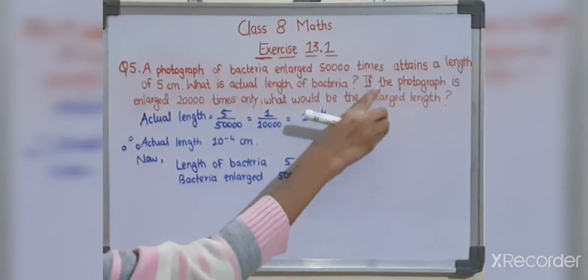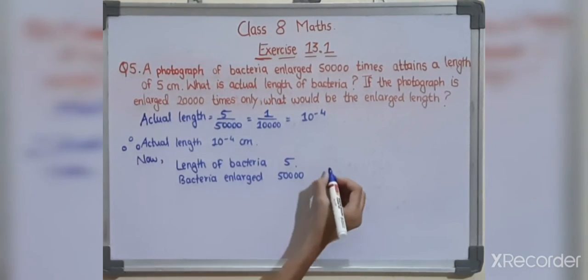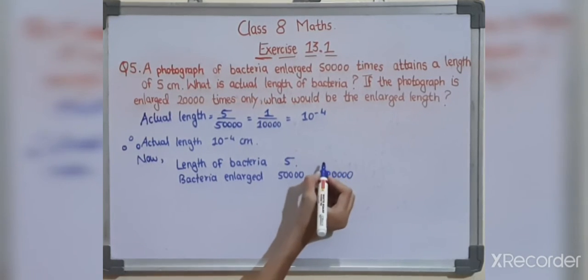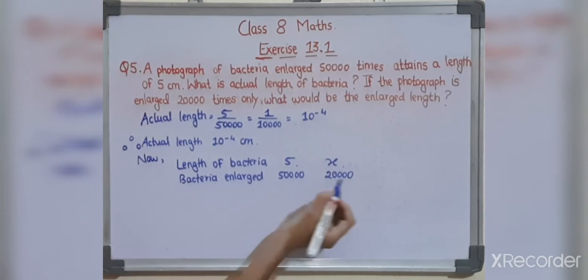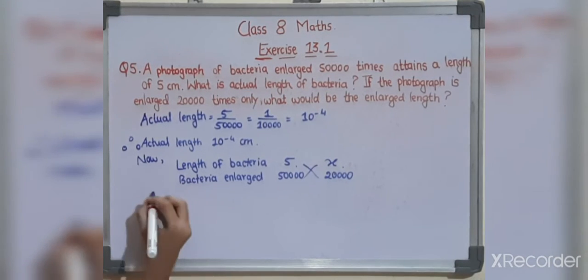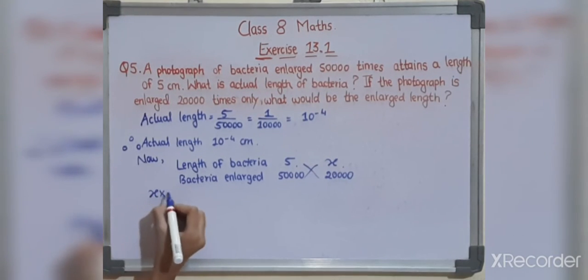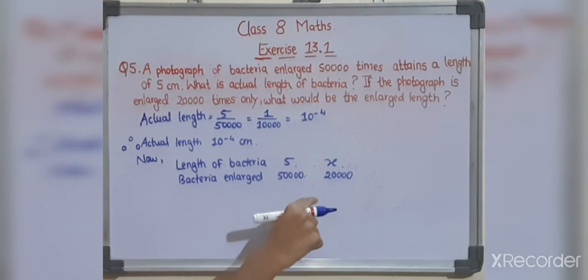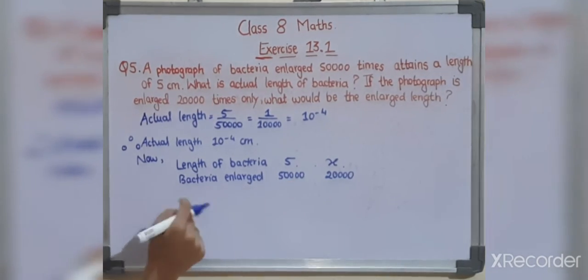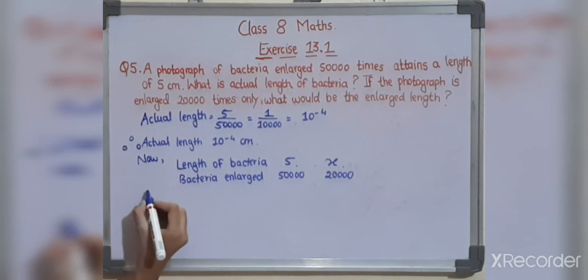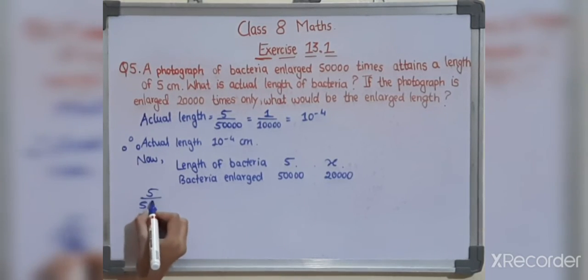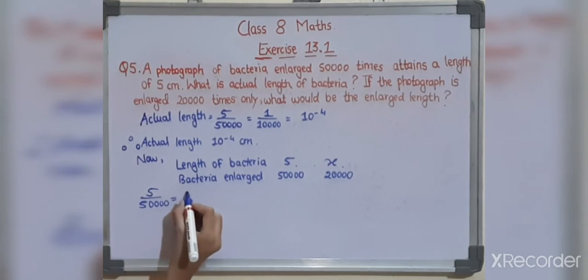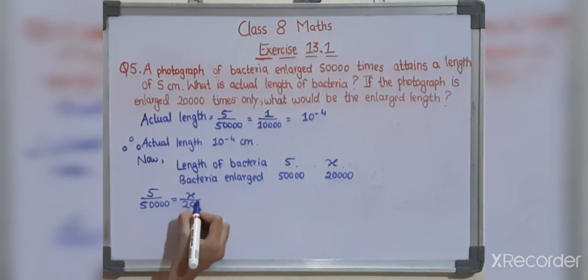Now here it is given enlarged 20,000 times. So we need to find out the length of the bacteria. So we will do cross multiplication. We need to find here in direct proportion, we need to write it down first. 5 upon 50,000, which is equal to X upon 20,000.